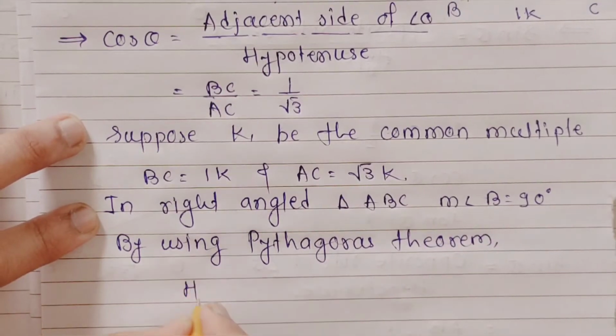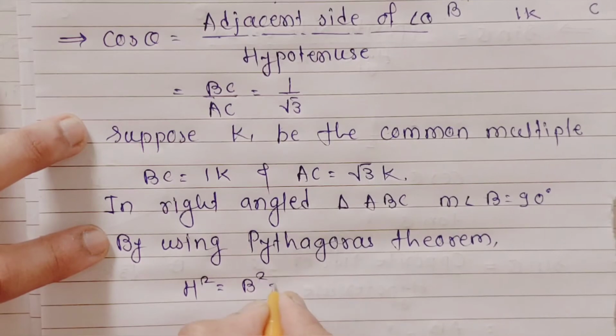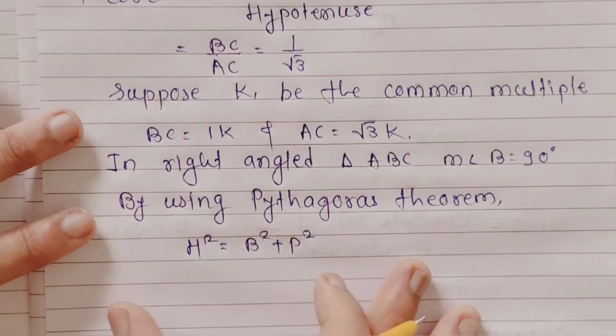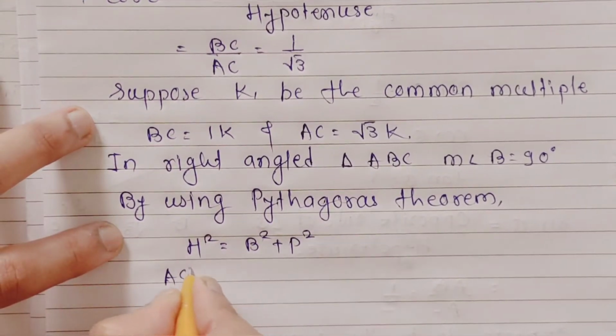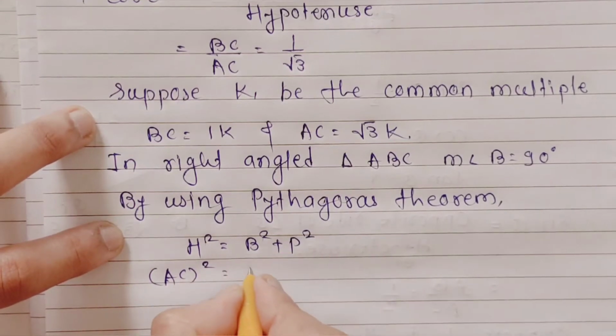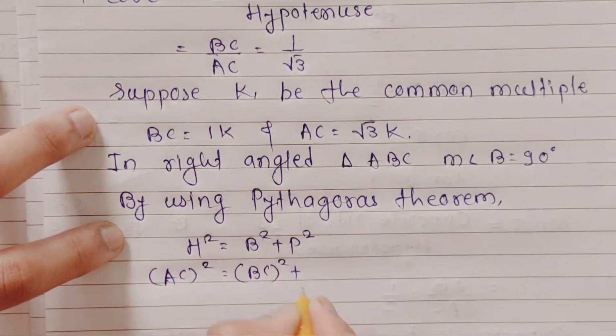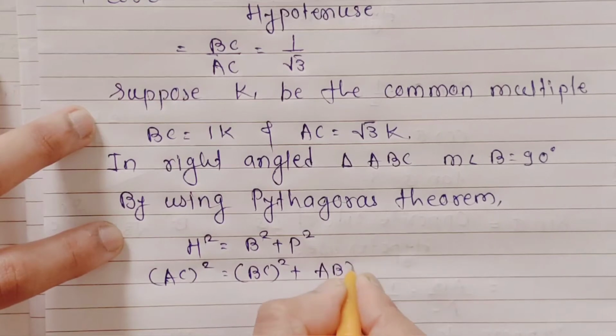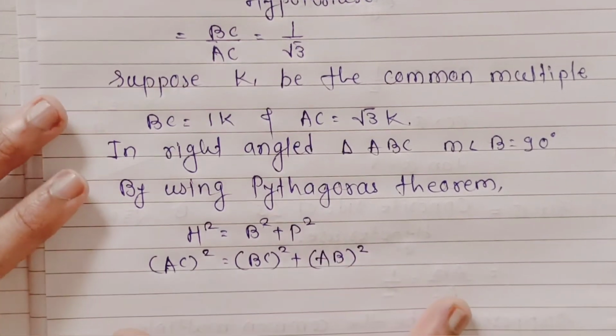That means hypotenuse square is equal to base square plus perpendicular square. So hypotenuse square, that means AC square, is equal to base square, that means BC square, plus perpendicular square, that means AB square. So simply put the values.